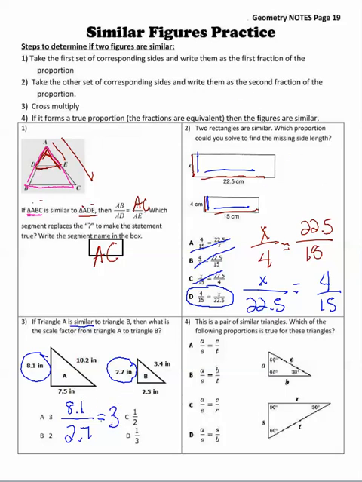You should be able to go from any of these corresponding sides. Make sure you read your directions though, because this one says triangle A to triangle B. So that means you're going to start with this triangle A. So I could say 10.2 divided by 3.4. That's going to be a big difference. If you go backwards and start with triangle B to triangle A, then that's going to flip your answer.